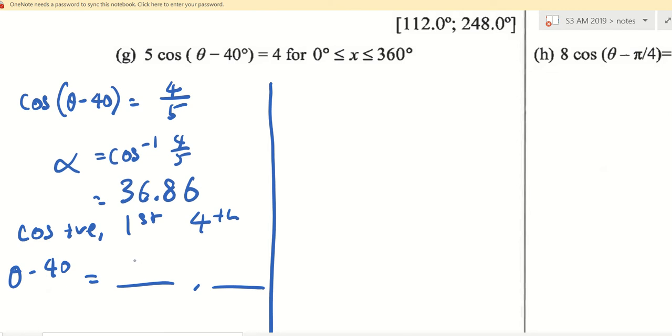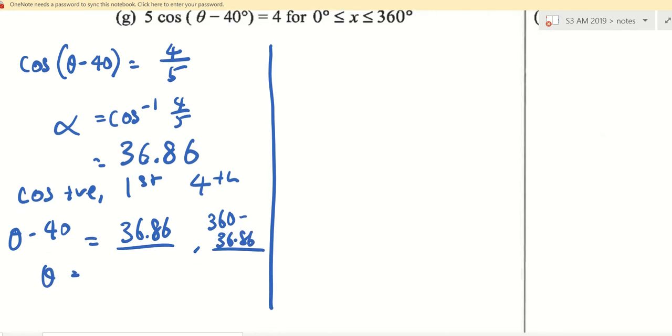Then the last one? 360 minus 36.86. Now, can I have my last answer? When I work out, both sides must plus 40. Can I have the two answers, please? 76.86, and 3, help me, 363.86. Oh no, 13.